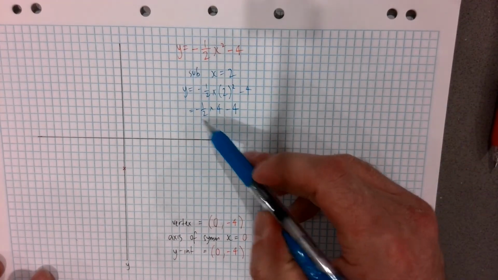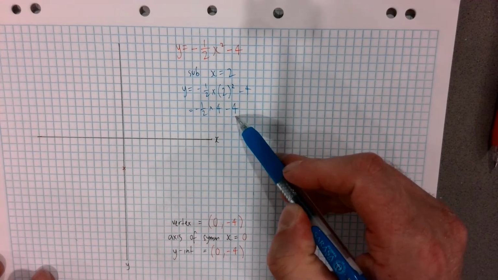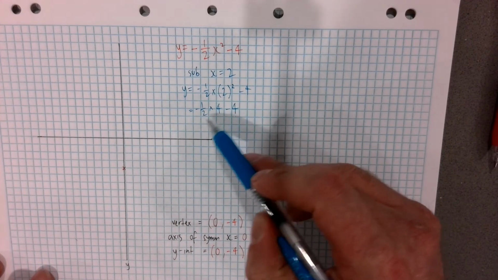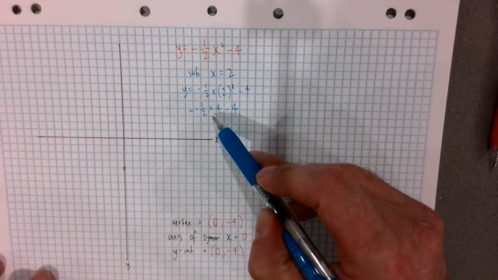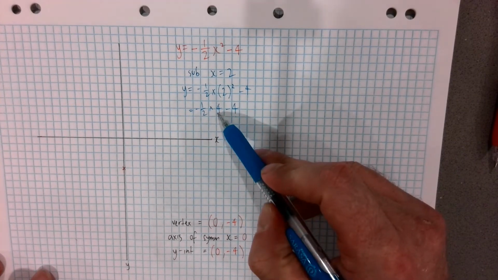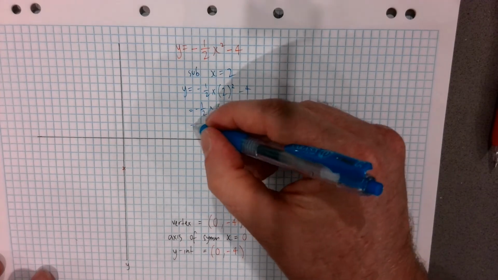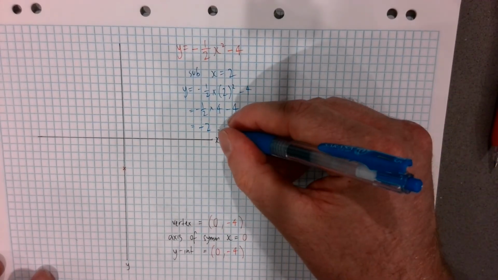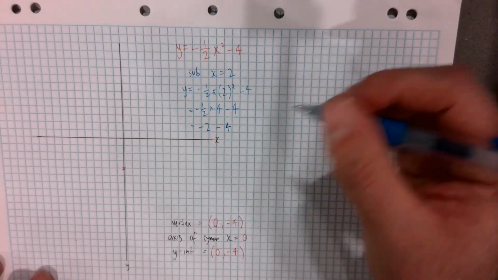I'm now left with minus a half times 4, take 4. Order of operations, I'm going to do this first. Minus a half times 4, so half of 4 is 2, minus times a positive is a minus, so that becomes minus 2, take 4, which is minus 6.